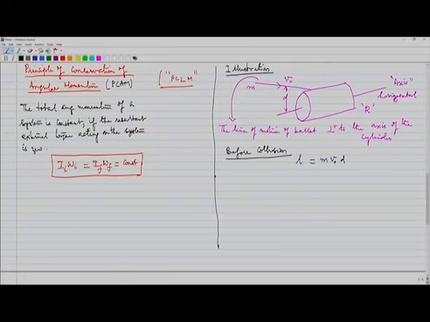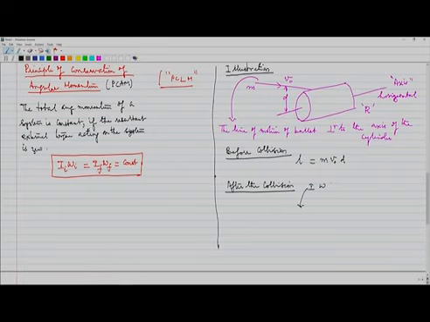After the collision, what is its angular momentum? Its total angular momentum is I times omega. What is I?